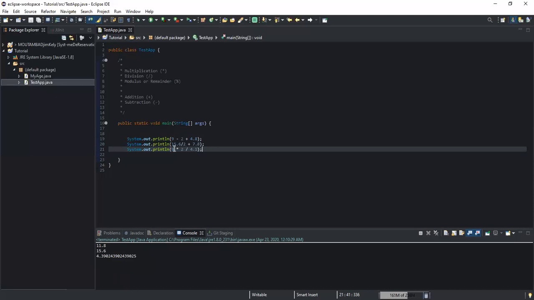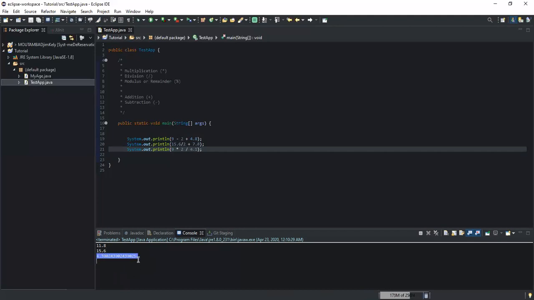It's still respecting the order of precedence. Here we could see 9 minus 2 is 7, and 7 plus 4.8 is 11.8. So the order of precedence is still respected. Even here, 9 times 2 is 18, and divided by 4.1, it gives us this value here.